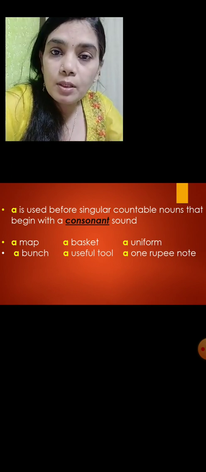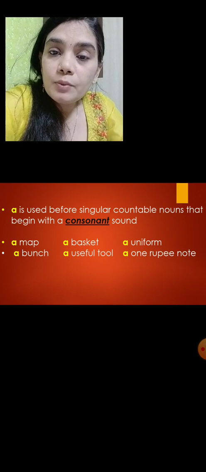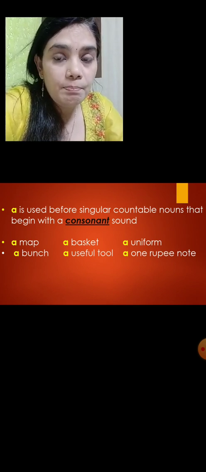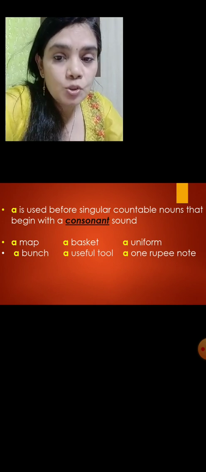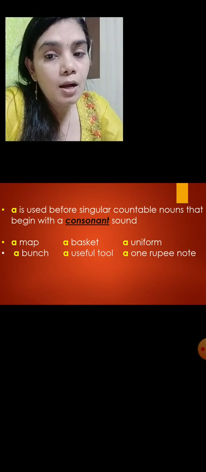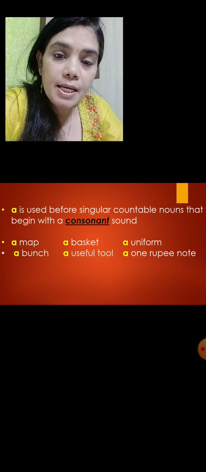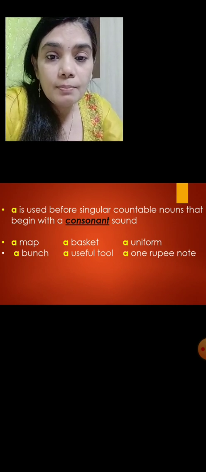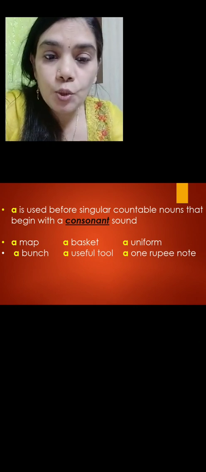If the word starts with any consonant letter, we have to use "a". M-A-P, map. M is the consonant, so we use "a". So a map, a basket, a uniform, a bunch, a useful tool, a one rupee note.